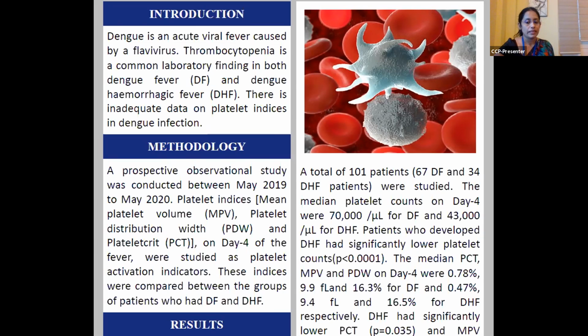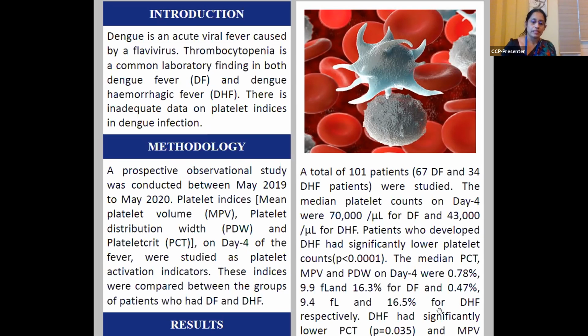Namely, plateletcrit was 0.78% in dengue fever and 0.47% in dengue hemorrhagic fever, and mean platelet volume was 9.9 in dengue fever and 9.4 in dengue hemorrhagic fever.